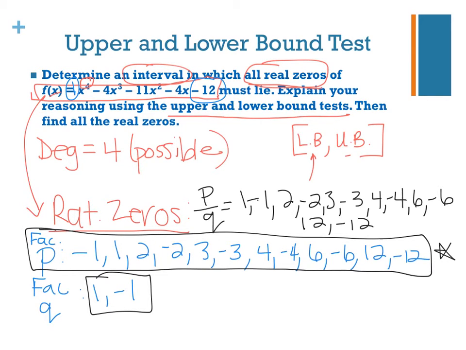And that's a rather large list of zeros to be checking using synthetic division. It would take you about 4 pages of paper.